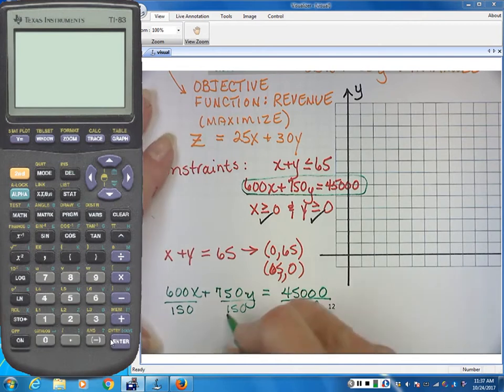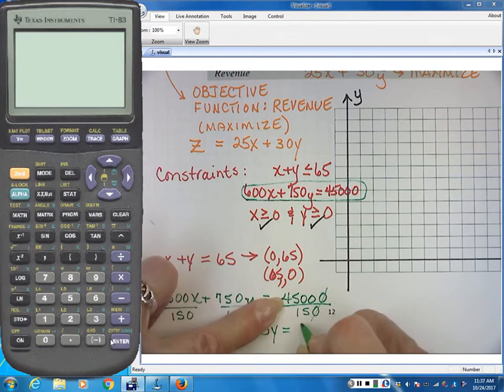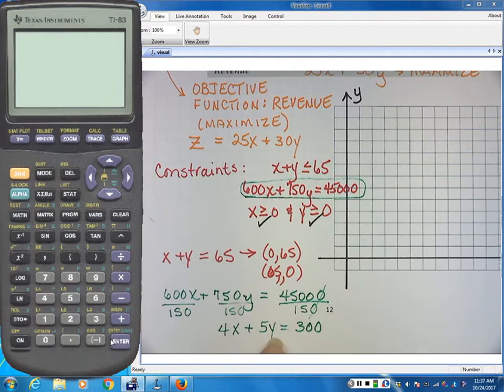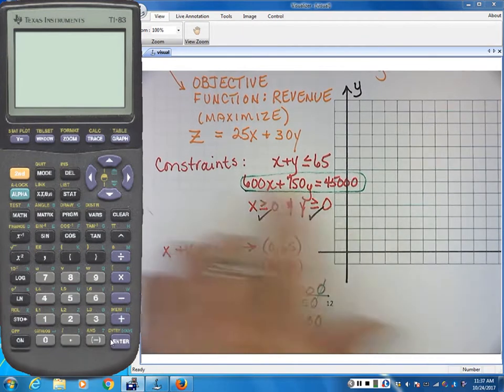And that means that this is equivalent to 4x plus 5y equals 300, since 150 goes into 45,000 300 times. Now, I can manage those numbers a lot better than numbers in the 10,000s.